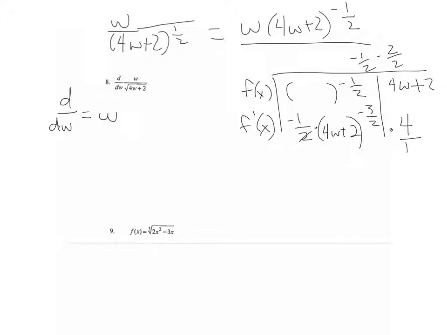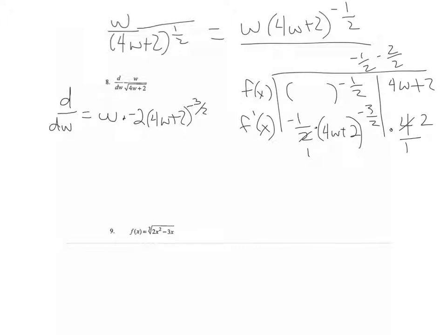I can reduce down by taking out my common factor of 2, and that will turn this into w times, I have negative 1 times 2, which is a negative 2, times, and then I have the 4w plus 2 in parentheses raised to the negative 3/2 power.